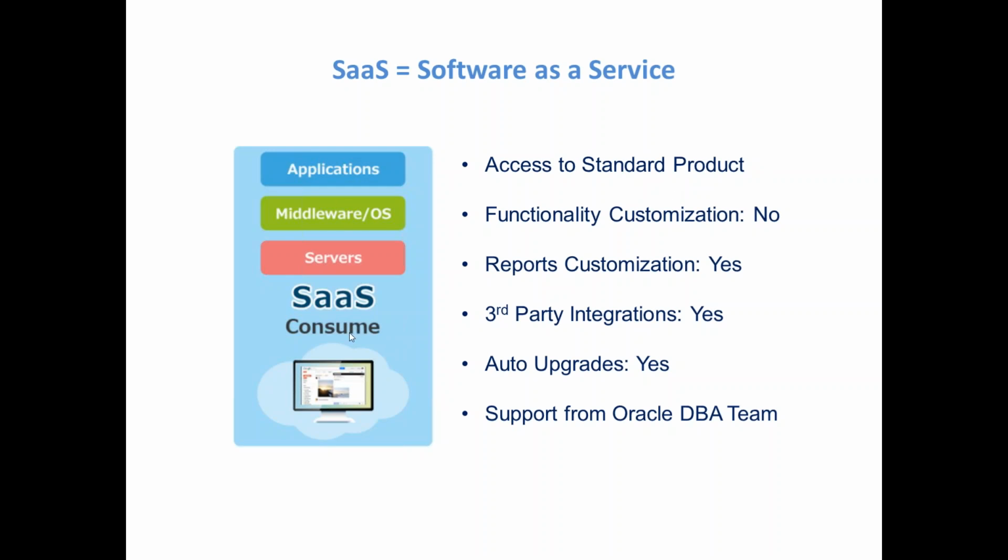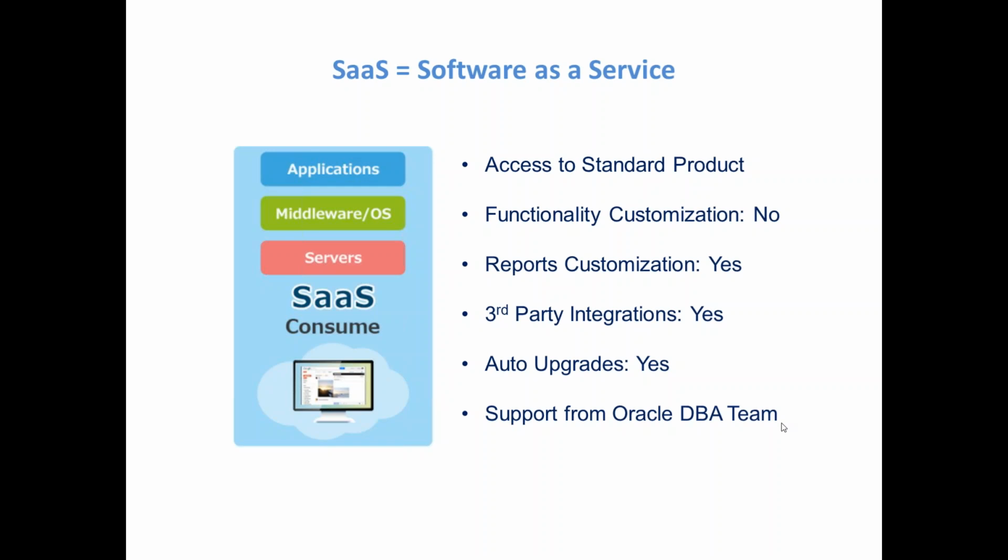In case of SaaS, clients are not allowed to do functionality customization. Functionality customizations, no, not allowed. But in case of SaaS, we can still do the customizations for reports. Report customizations are allowed, and third-party integrations are allowed. Auto upgrade is applicable since you are not disturbing the standard product functionality. Oracle can upgrade automatically.